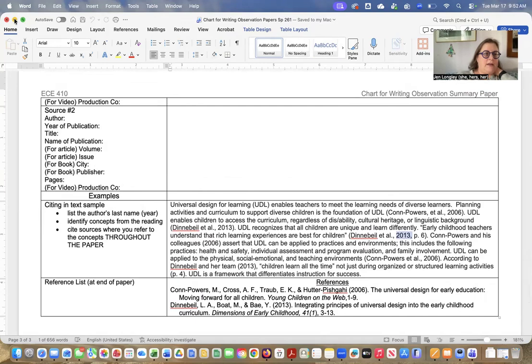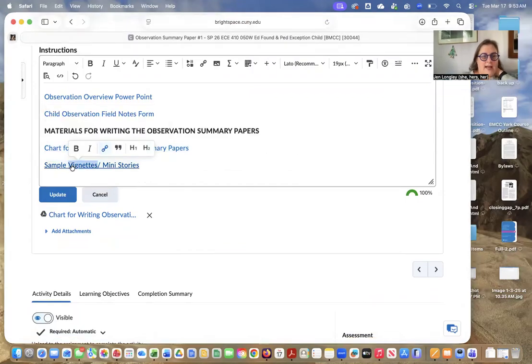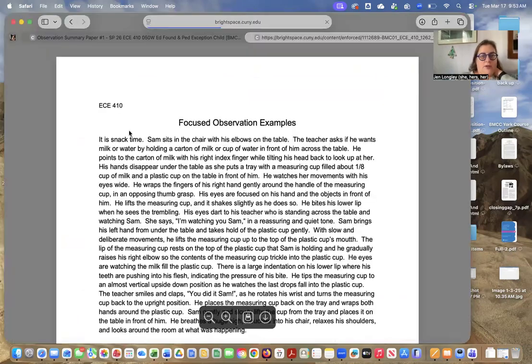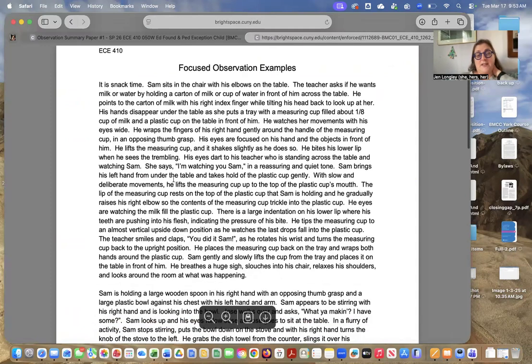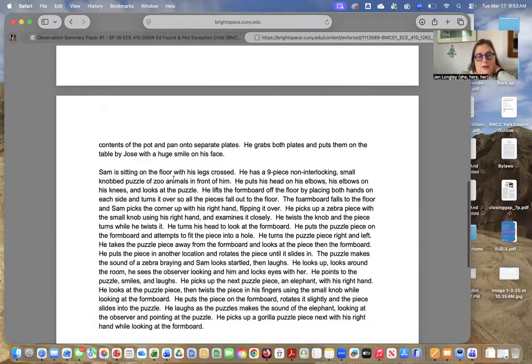So in addition, just going to close this. I also have sample vignettes. So what does a vignette look like? So you can see the vignettes, you see they're very detailed. There's short periods of time of an observation, but they're very detailed.